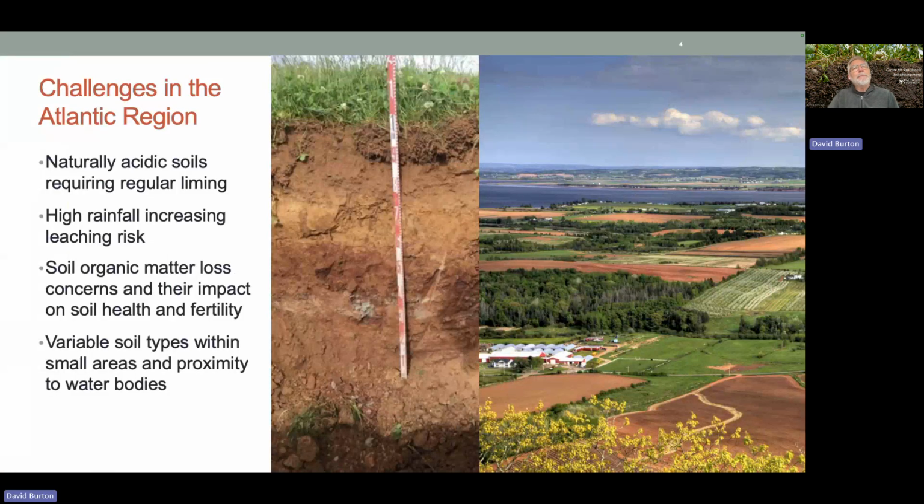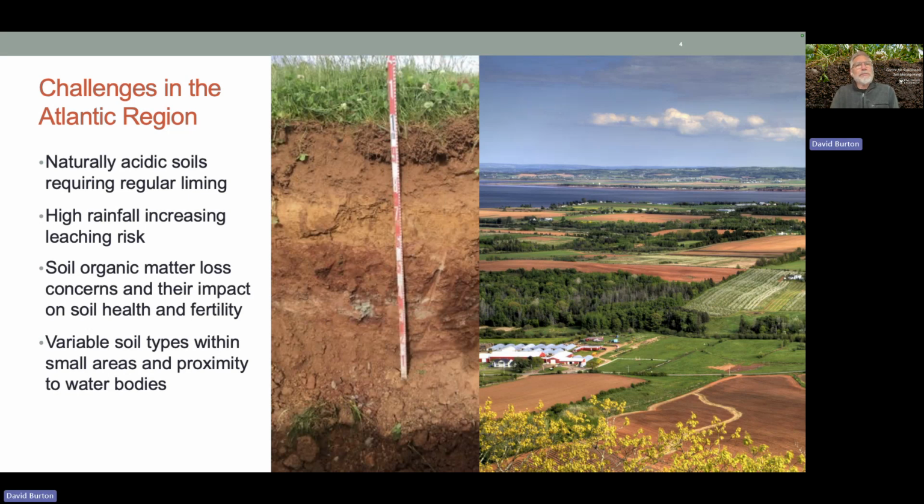Okay. In Atlantic Canada, we have a number of unique challenges. We have soils that are naturally acidic and require regular liming. There's a high rainfall risk associated with the climate of this region. Therefore, we can lose a lot of nutrients through leaching. We've had historically a fairly large amount of soil organic matter loss, and that's influenced the fertility and health of our soils and influences our nutrient management decisions.